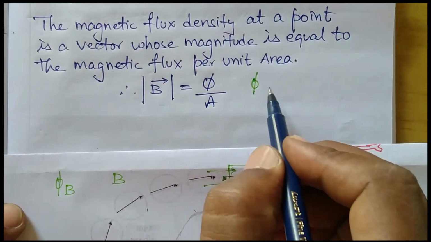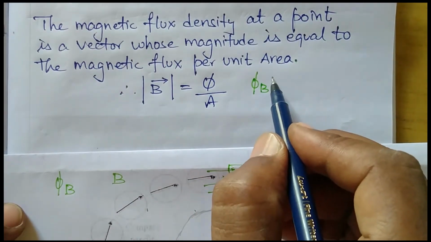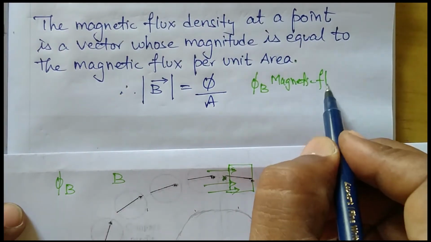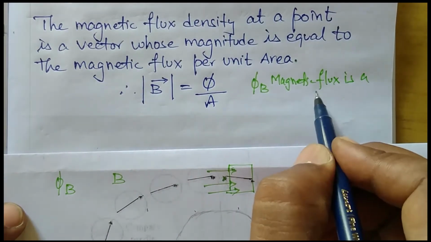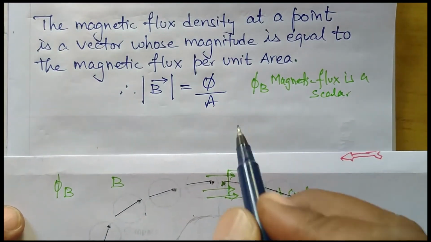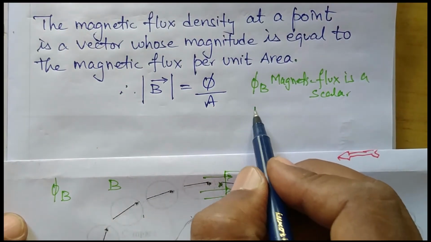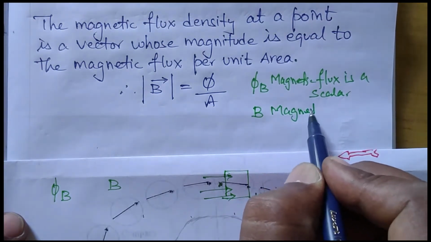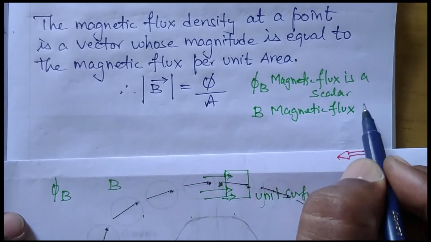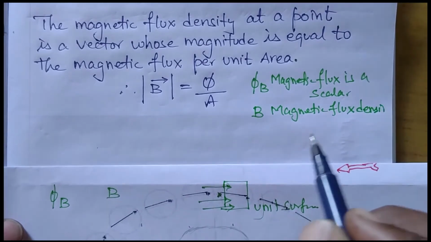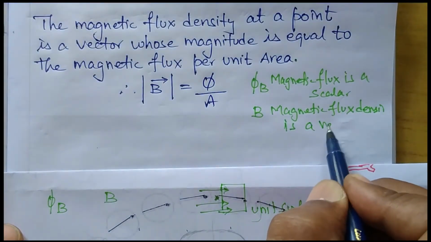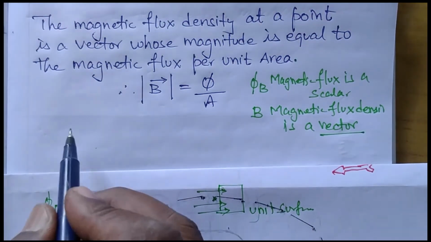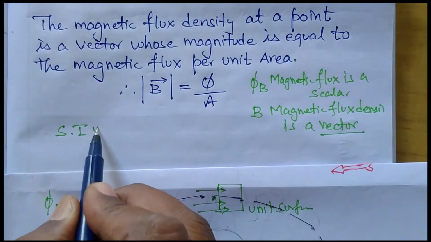Magnetic flux is a scalar, whereas magnetic flux density, denoted by the letter B, is a vector quantity. It has direction.